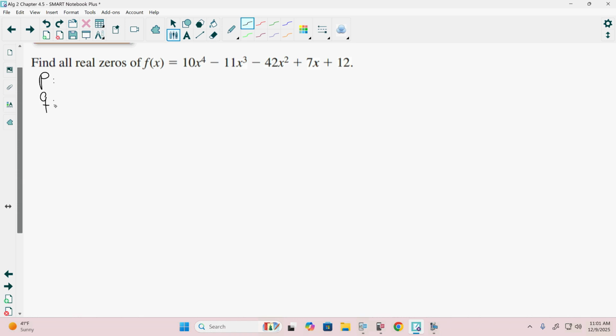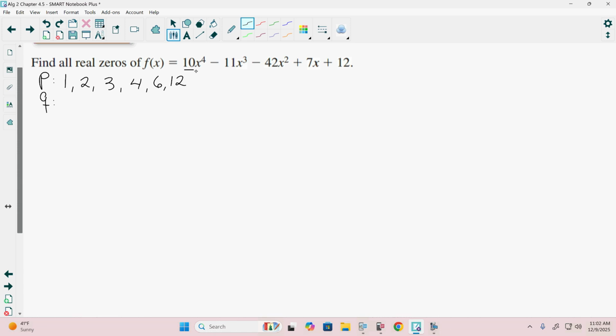Now, P is the factors of the constant term. And our constant term in this case is what? 12, yes? So the factors of 12, we have 1 and 12, 2 and 6, 3 and 4. Those are the factors of 12. Now our factors of Q is factors of the leading coefficient.